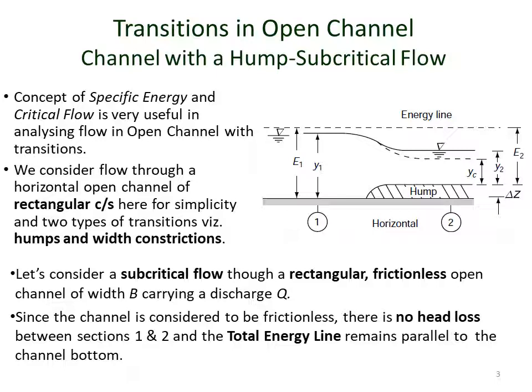So the elevation of the total energy line is not going to change. We will also consider two sections for the analysis, section 1 and section 2. Section 1 is upstream of the hump, and section 2 is right on the hump.